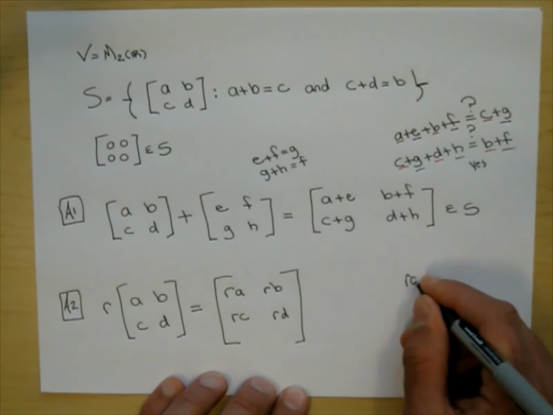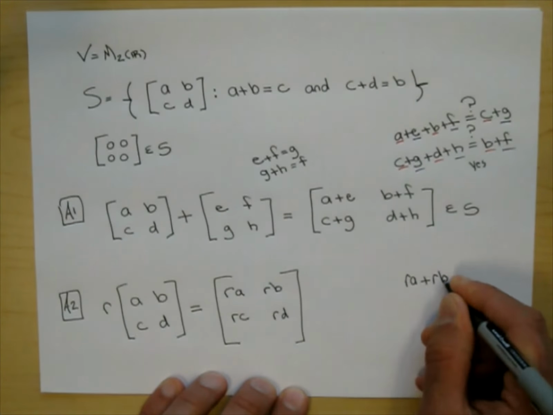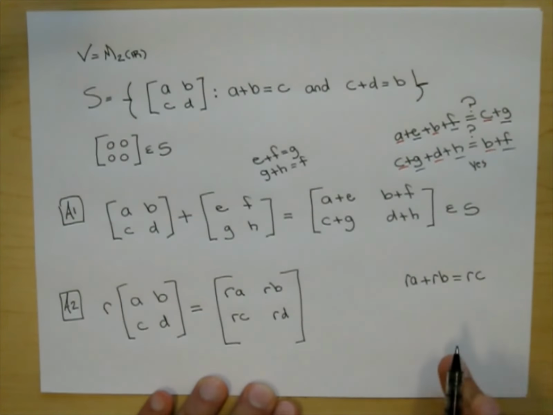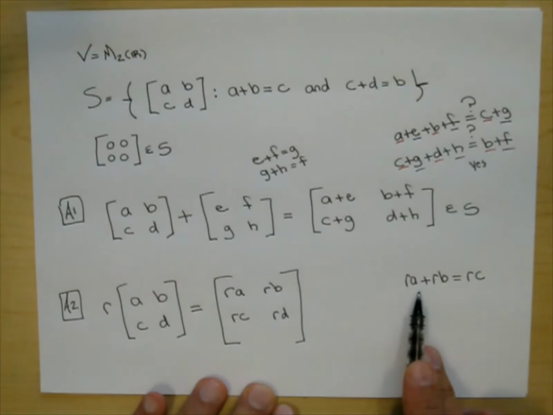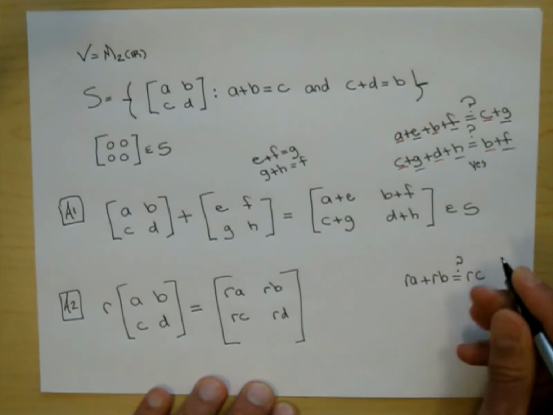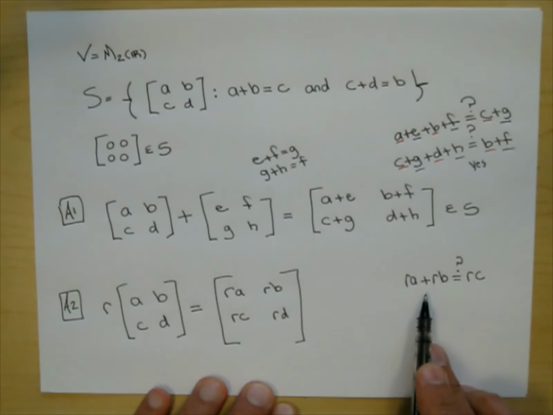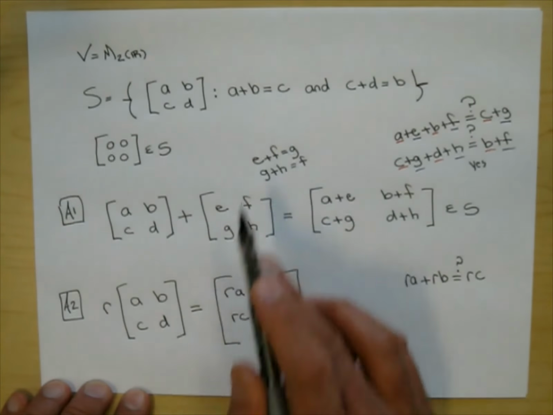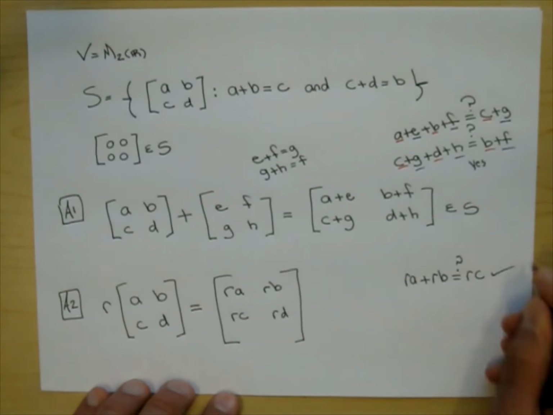Does the sum of the first row equal the bottom left entry? Well, if R is 0, it works. If R is not 0, you can divide everything by R, and you get A plus B equals C, which is good. So that one's good.